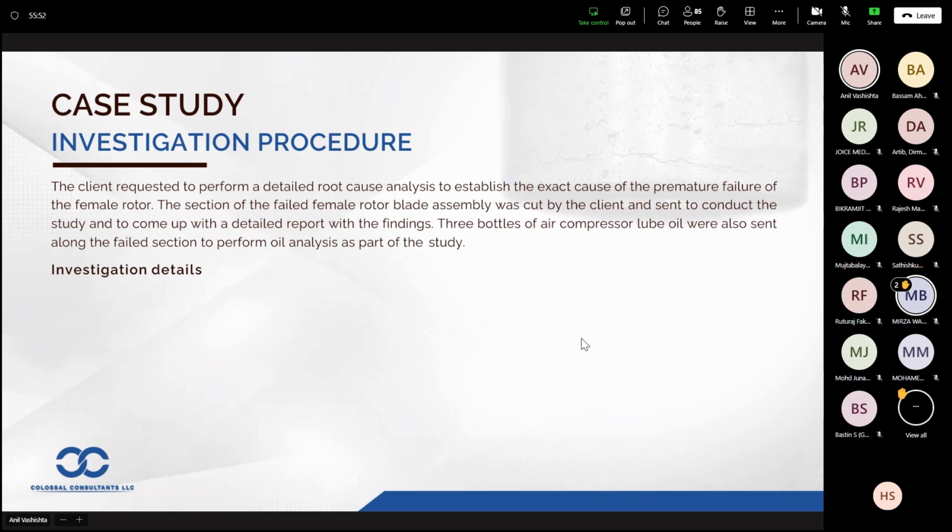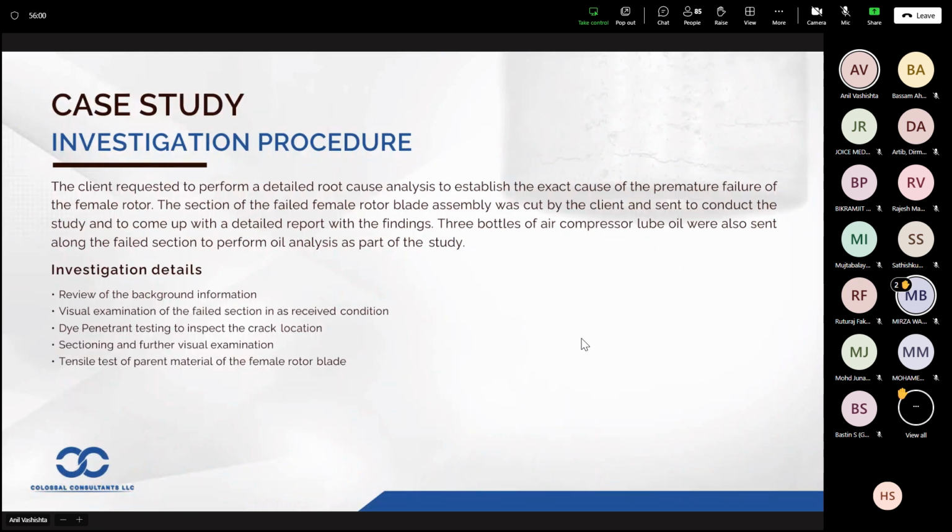So as part of the investigation, background information was already gathered, visual examination was carried out, dye penetration, sectioning, and further visual examination. Initially, visual examination is carried out of the sample which failed, in general view and photographs of the as received condition. Then dye penetration to see if there were any cracks. So cracks were noted.